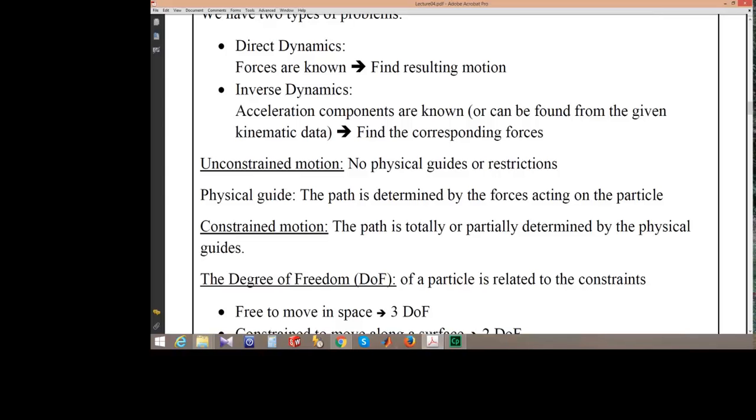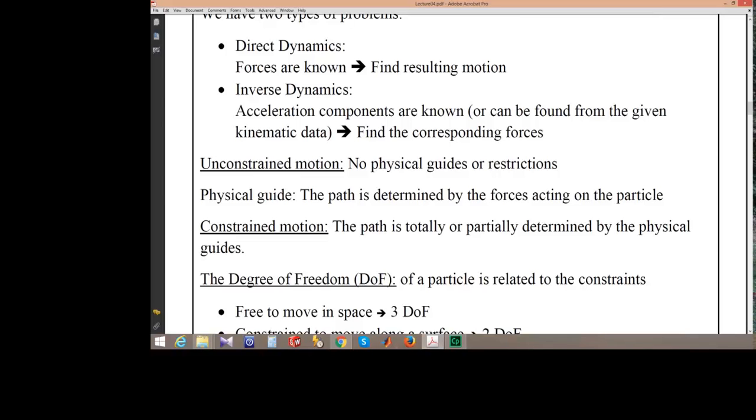The reason that it can move on that straight path is that two of its motions were constrained by this path, so it can just do a linear motion. And the constraint forces are due to the physical guide. If the physical guide doesn't exist there, the ball will just fall. The reason that it doesn't fall is the normal forces that are applied by the physical guide to this sphere.